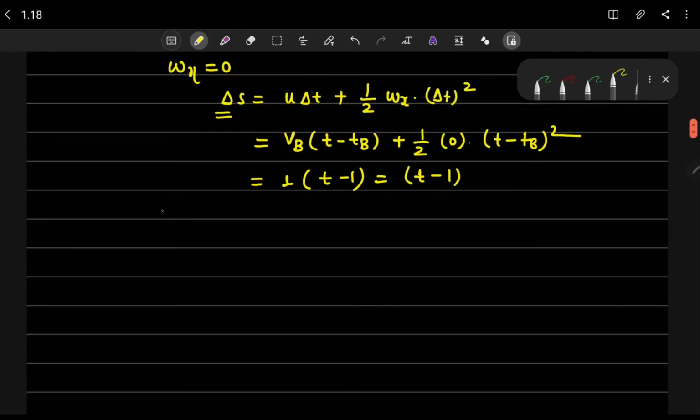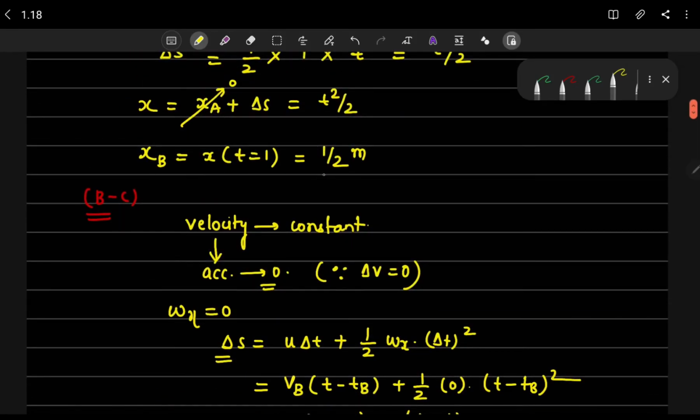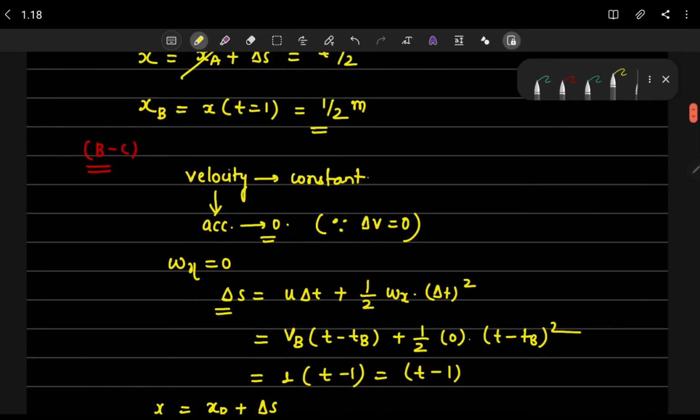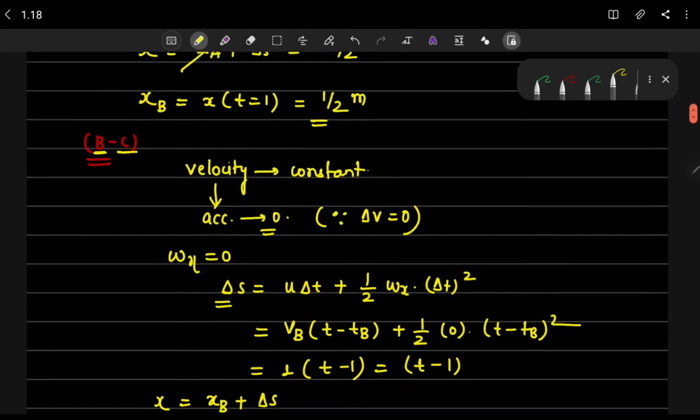Now if we want to find the position at any point, we can write xb plus delta s. What is the position at point b? We have found it is half meter, so half plus t minus 1, which gives t minus half. This is the position at any point between b and c.